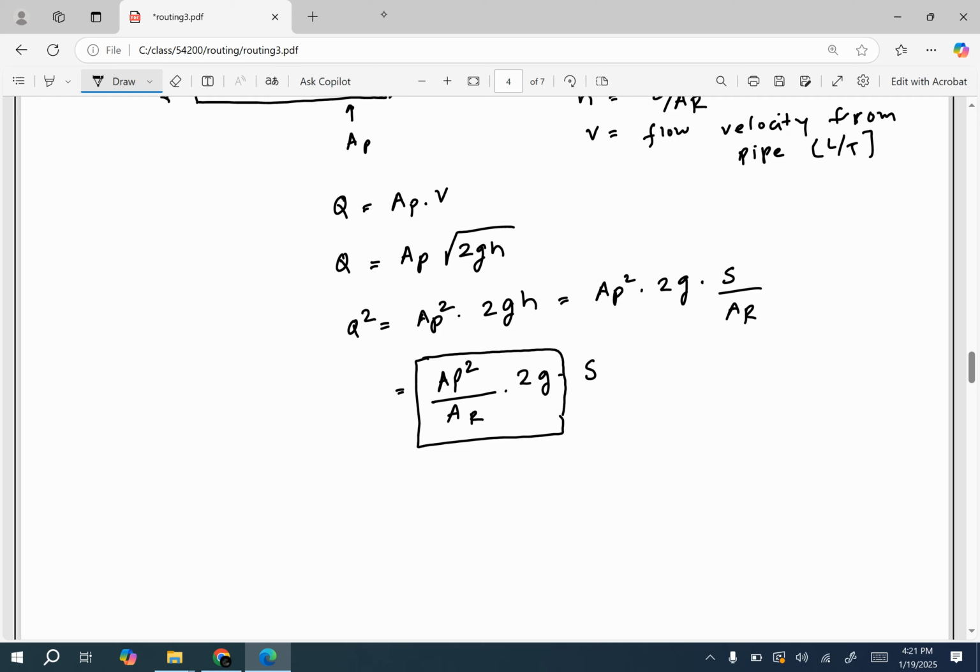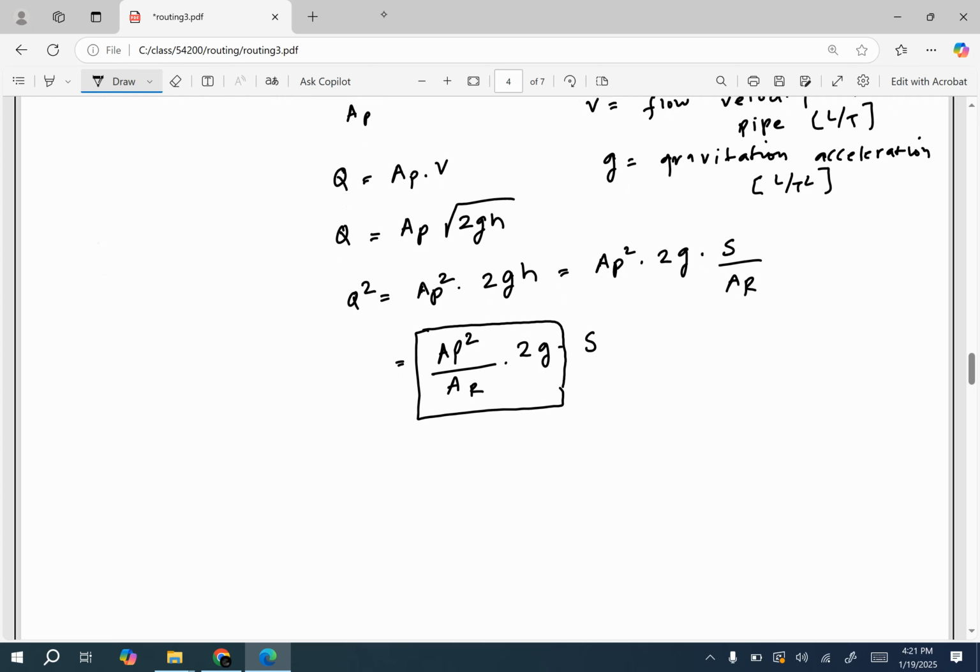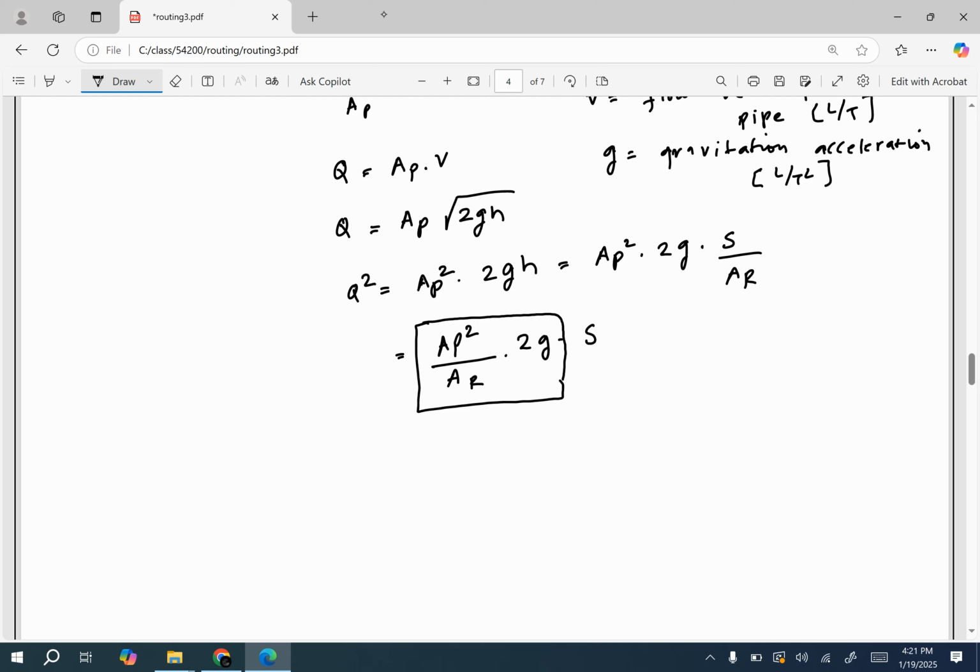G is the gravitational acceleration, with units of L over T squared. Bringing that constant to the other side, S is equal to AR over AP squared, divided by 2G, times Q squared.